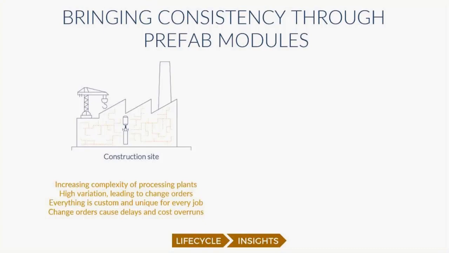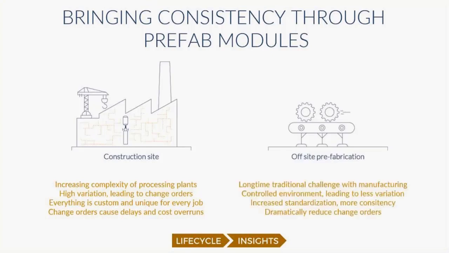parties that are involved. So what's interesting about that is that a lot of these challenges, or many of these challenges, are the same exact ones that product manufacturers faced many, many years ago.